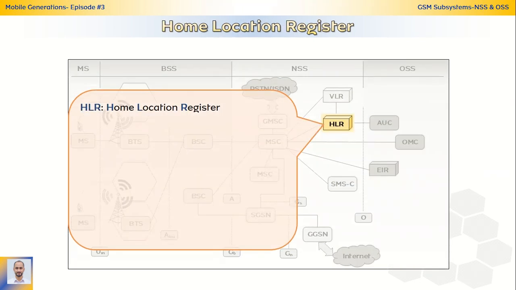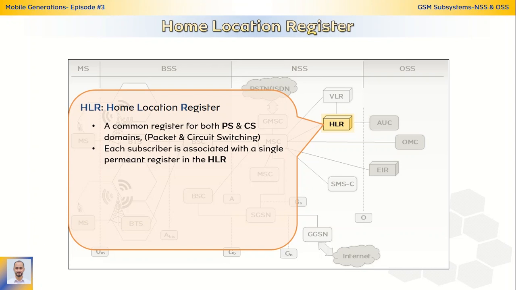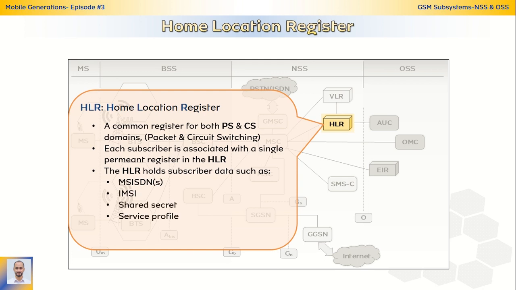Home Location Register, HLR, a common register for both packet and circuit switching domains. Each subscriber is associated with a single permanent register in the HLR. The HLR holds subscriber data such as mobile subscriber ISDN numbers, IMSI number, shared secret, service profile, current location in which VLR, and charging information.